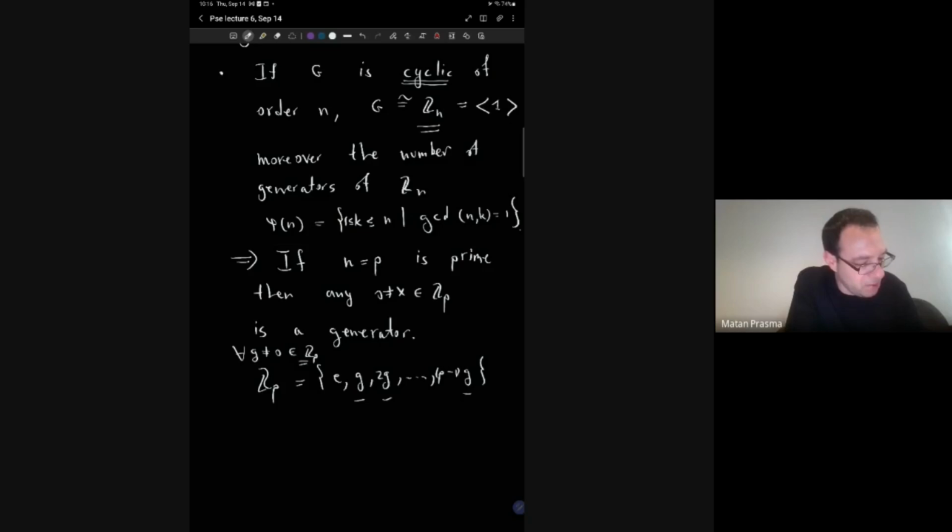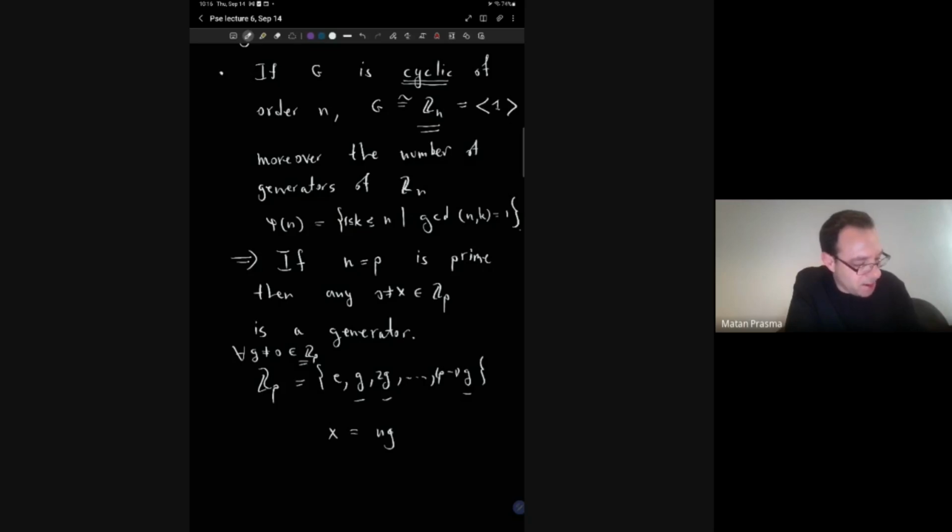That is, I choose an element g as a generator, and now I give you an element x, so you know that x is equal to ng for some n.